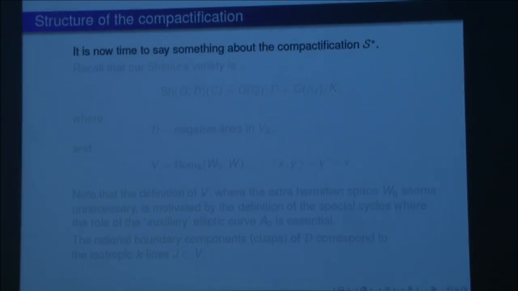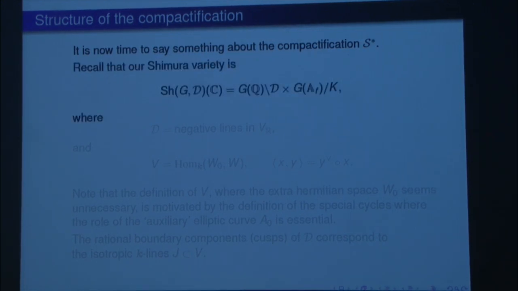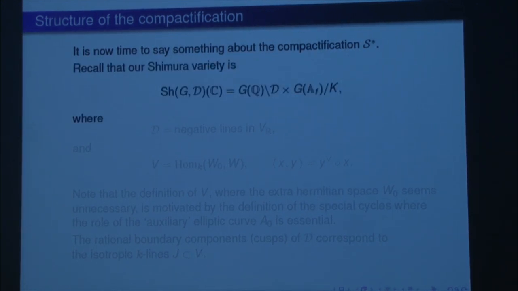And now what about the compactification? So let's go back to our generic fiber. On the generic fiber, we just have this locally symmetric space. And D, remember, or I didn't say, but now I'm saying it more precisely, is the negative lines in a space VR, in a complex vector space. But the complex vector space is this one, Hom(W0, W).